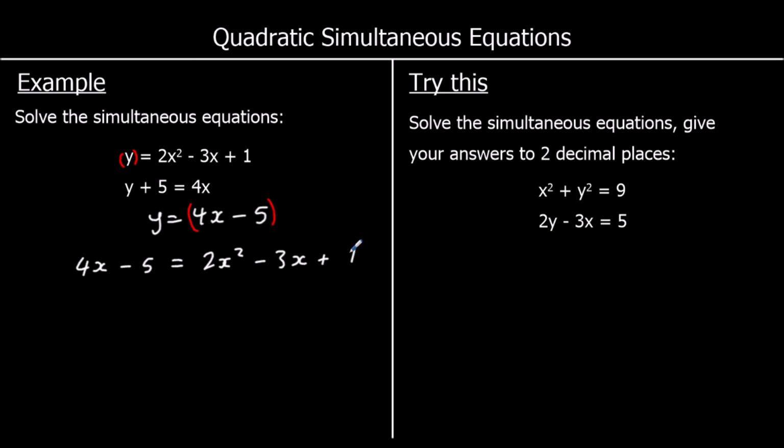And to solve a quadratic, we make it equal to 0. So let's take 4x away from both sides, and add 5 to both sides. So it will be equal to 0. And we're going to solve this by factorizing.